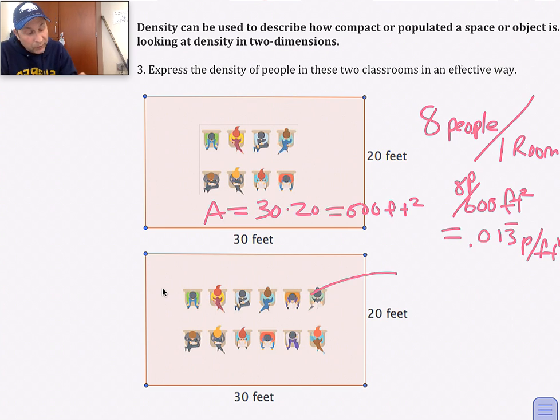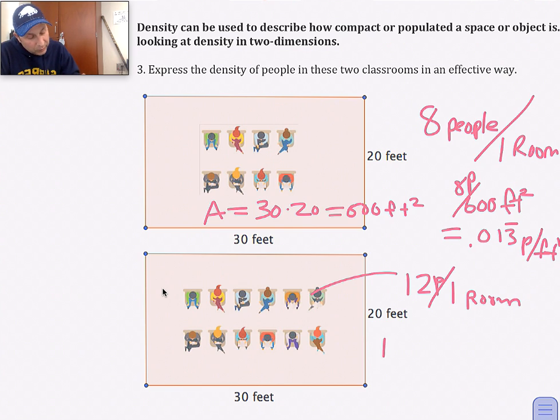Do the same thing for this one here. There's 12 people per room. So the density could be expressed as 12 people per one room.